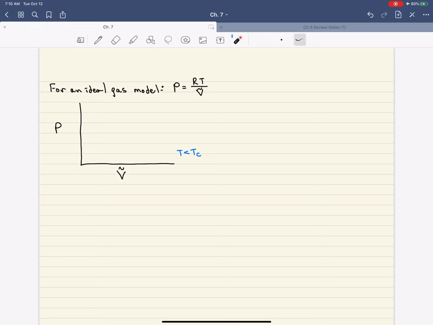Basically from this equation, as we decrease volume, we would just see a continuous increase in pressure, and we would see that at all the temperatures that we looked at. By changing temperature, all it would do to the curve is shift it up. That's what we see from the math. So T greater than Tc, Tc, and T less than Tc.